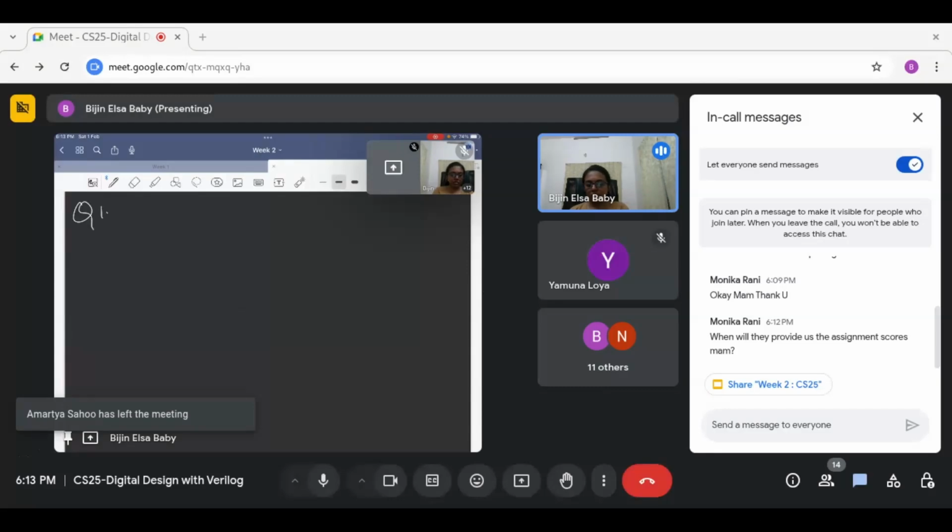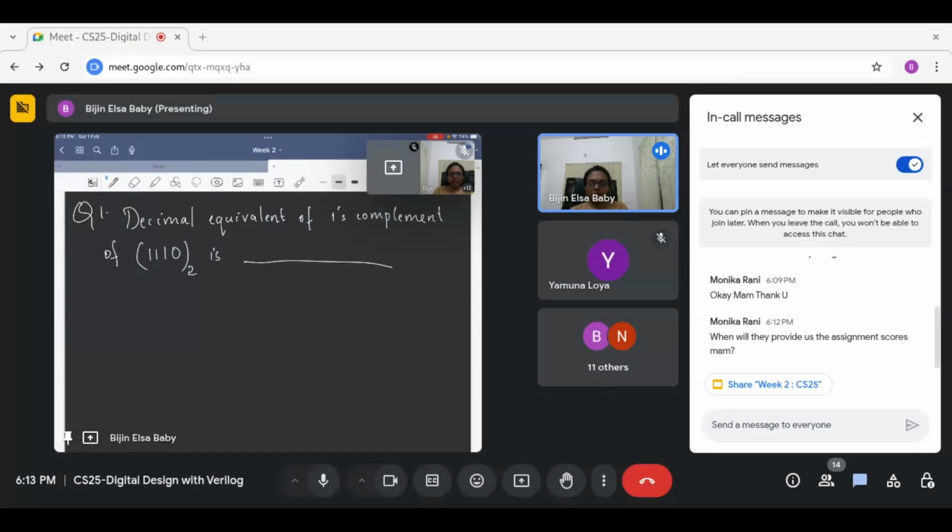So the first question is, you have to find the decimal equivalent of... so a binary number is given.